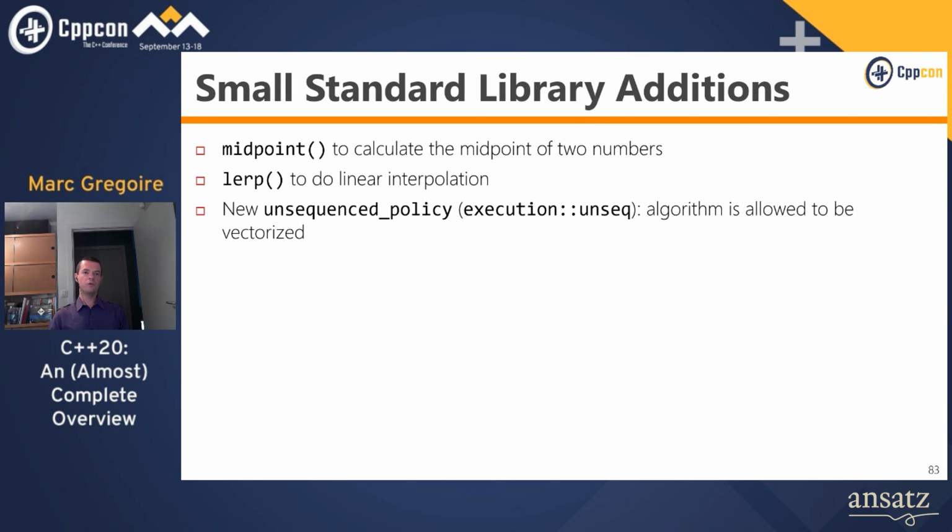And finally, we have 2 new mathematical functions. We have midpoint, to calculate the midpoint of 2 numbers, and we have lerp to do some linear interpolation. And then the last thing is there is a new unsequenced policy that you can pass to a parallel algorithm. And what this says is that the algorithm is allowed to vectorize its execution, but it is not allowed to parallelize, so only vectorization is allowed.